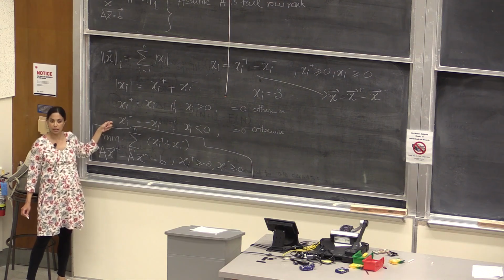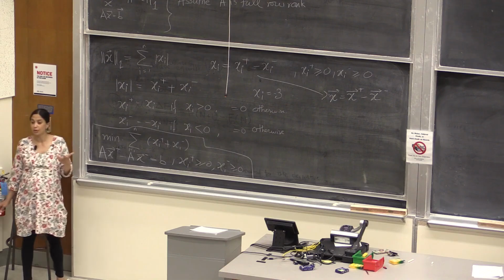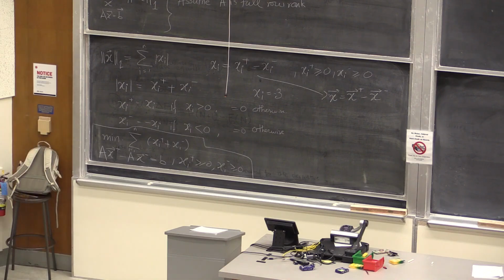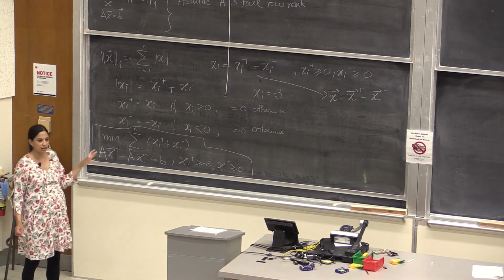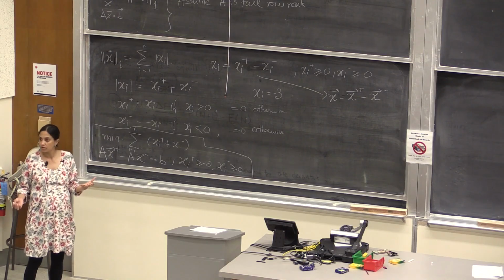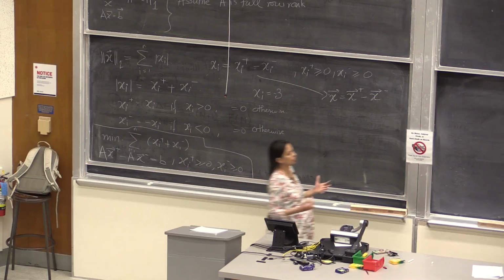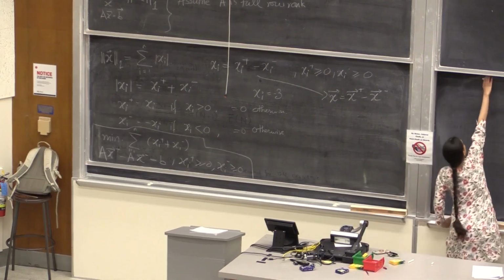Does everyone see that? It's not always true. It's only true when these rules are satisfied. So how do we know that at optimum, these rules are actually going to be satisfied? Does everyone understand the challenge we have introduced for ourselves? Okay? So how do we now argue this, or how do we deal with this situation?